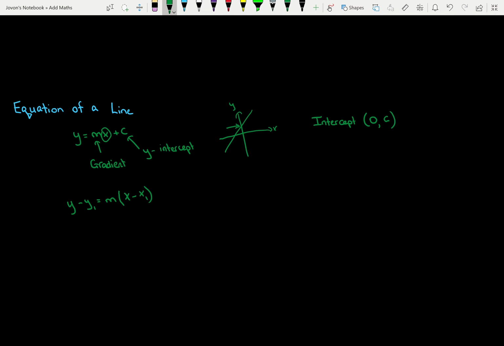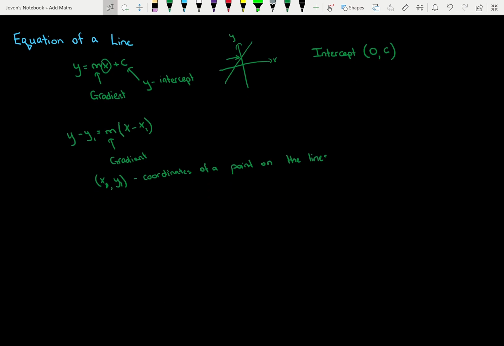In this, we substitute the value for the gradient, and x1 and y1 are coordinates of a point on the line.